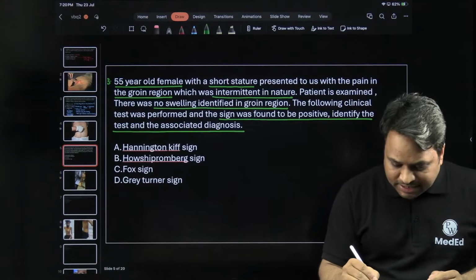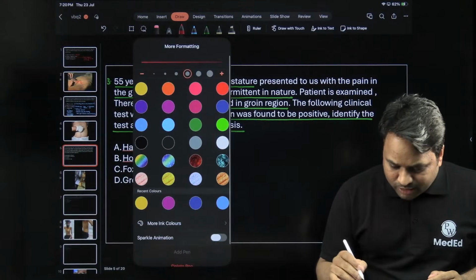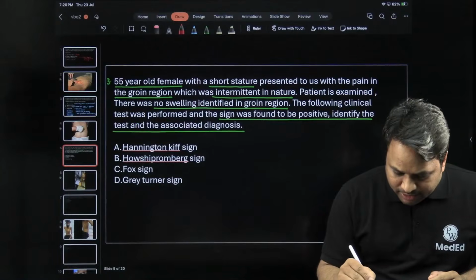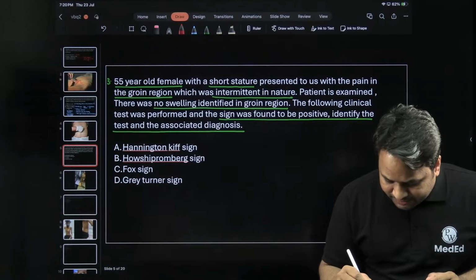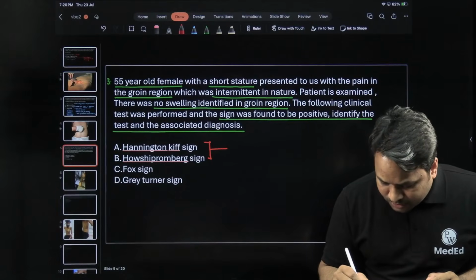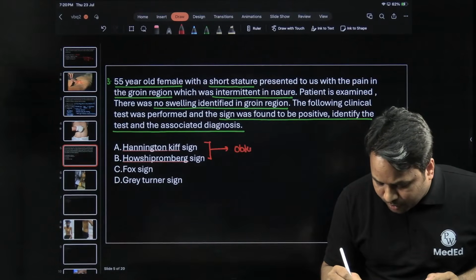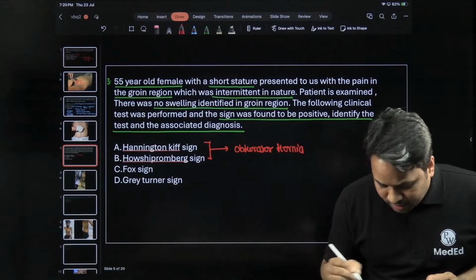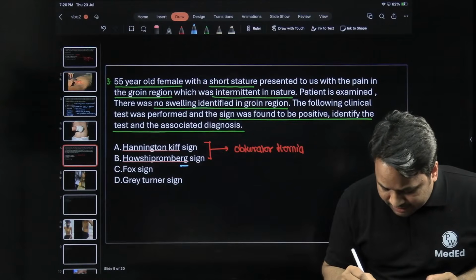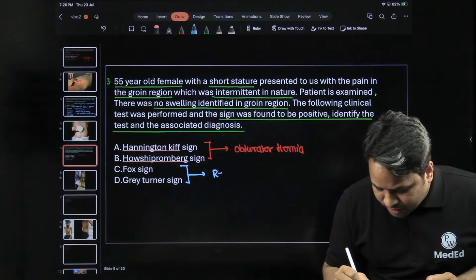Now, even before we start with the discussion, the basic consensus is clear already, right? The basic consensus is that Hannington-Kiff sign and Hausche-Bromberg sign are the 2 signs that you see in obturator hernia. Fox sign and Gray Turner sign are seen in retroperitoneal hemorrhage.